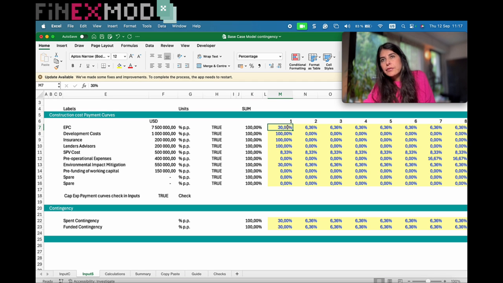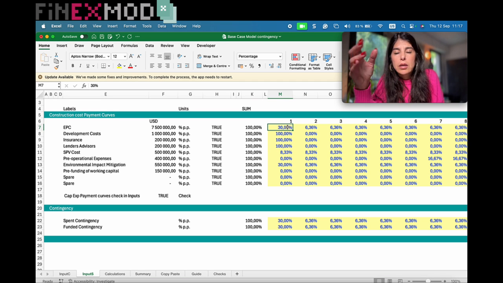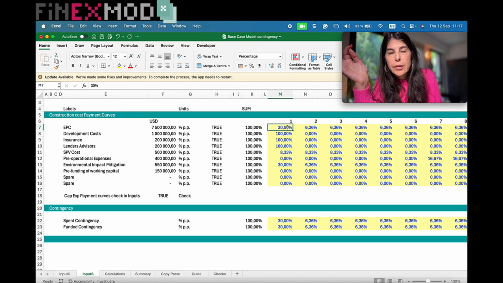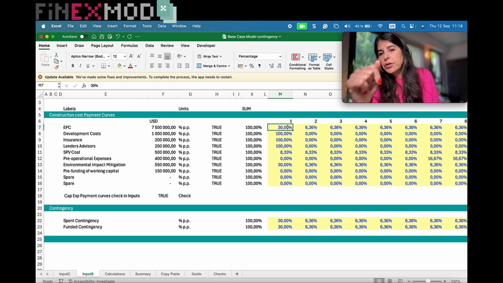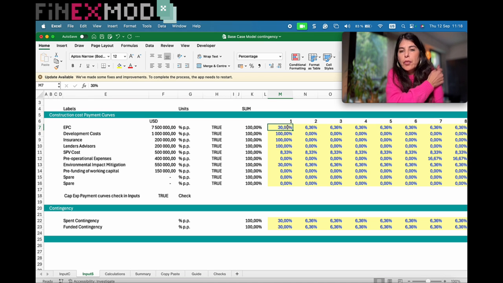Because normally we have upfront payments to our EPC, 30%, 25%, 10%, depending on how we negotiate, as a down payment. So assuming that I am spending 30% of all my contingency right in construction day one or month one is kind of conservative. However, that's something that you can do.